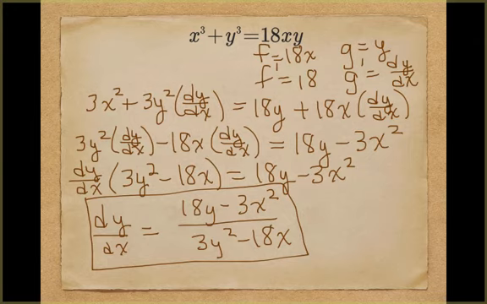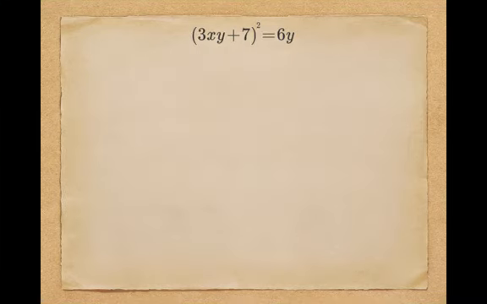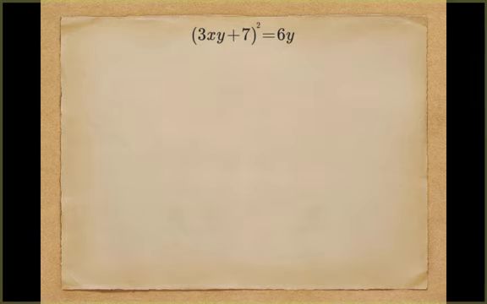All right, let's look at another one where we're going to have to use the chain rule. So I have 3xy plus 7 quantity squared equals 6y. The very first thing we need to do is look at that inside function. This inside function is u, 3xy plus 7.